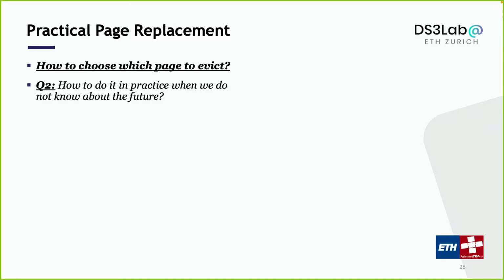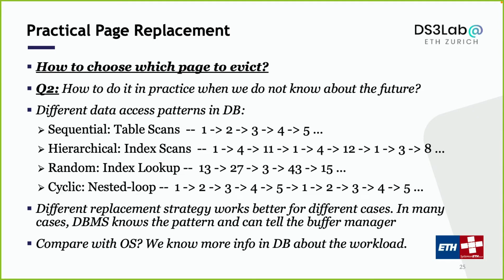If you compare these two, inside a database we have more information we can assume compared with the operating system. In a database, we know what query the user is asking. On the other hand, I know the access pattern.